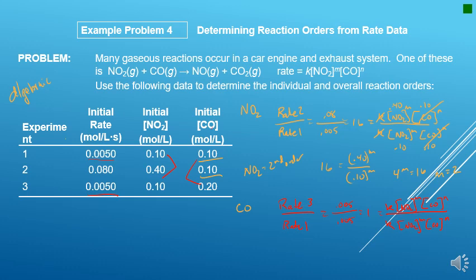For our concentrations, the NO2s are both 0.10, so those would cancel, your Ks would cancel, and then I would have 0.20 over 0.10.